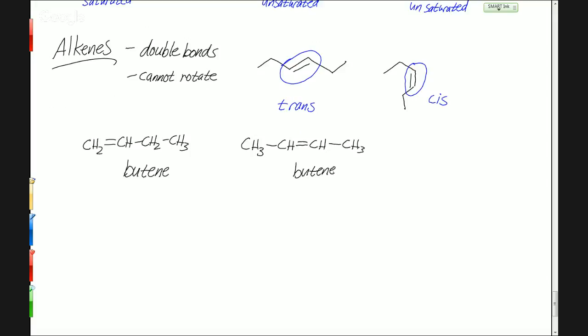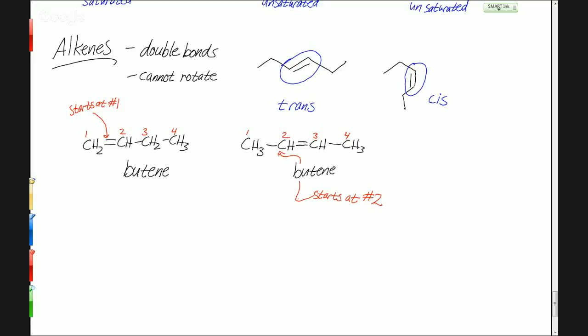The way we're more specific is with a number. If we number this chain starting from one end, you'll notice that on the one on the left, this double bond starts at number 1, whereas over here, that double bond starts at number 2.